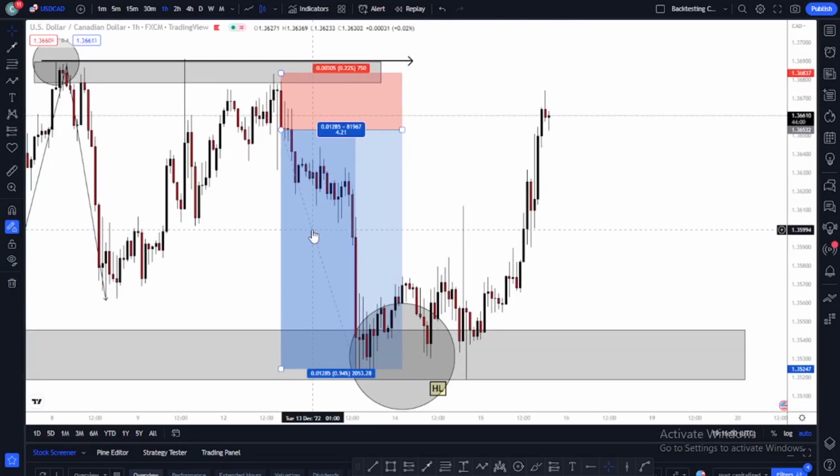Alright, so this was my first trade. This was how I caught the retracement.